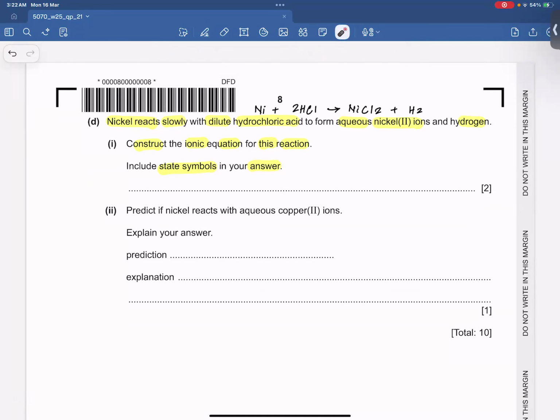See, this chloride ion is a spectator ion, so it will cancel out. So I'm going to cancel these chloride ions. So the final ionic equation is going to be nickel plus 2 hydrogen ions, arrow, nickel 2 ions, which has a charge of 2 plus, and H2 gas.